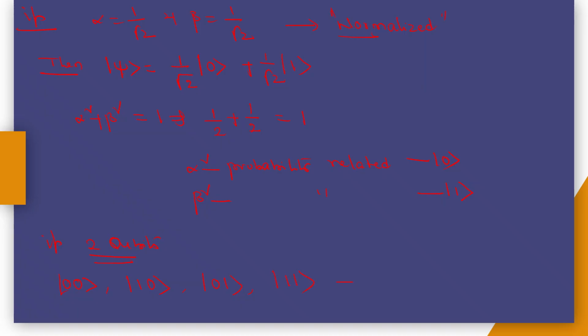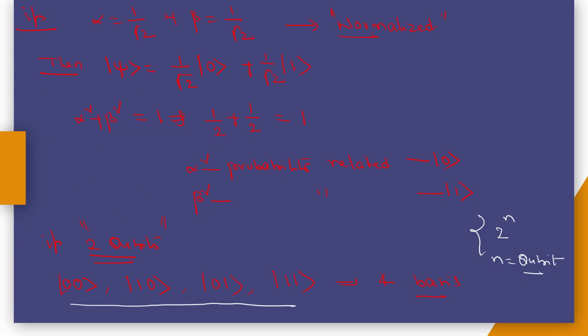So we have 4 basis states. In the case of 1 qubit, there are 2 states, 0 and 1. In the case of 2 qubits, we have 4 states. So we have a formula: 2 power n number of states, where n is the number of qubits.